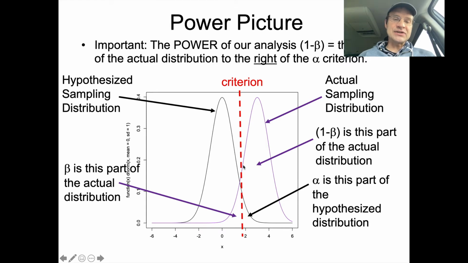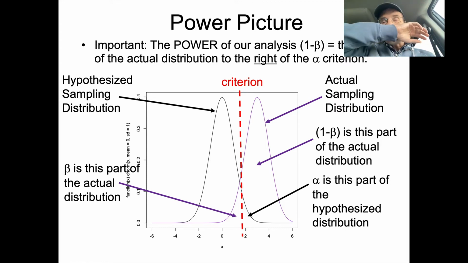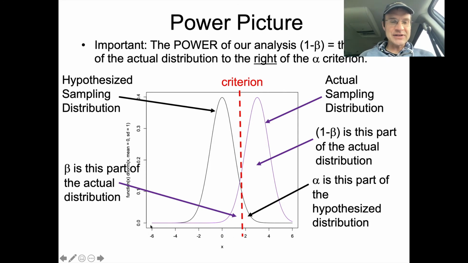But basically what this is saying, again, is we just run one experiment. We get one sample. We calculate a mean from that sample data, and that puts us somewhere here on this x-axis, right? It just gives us a number. And then we're kind of imagining all this stuff going on behind the scenes. But ultimately, if we're on this right-hand side of the red line, we're going to reject the null hypothesis and say, oh, there's a purple distribution out there somewhere that we hadn't thought of before.